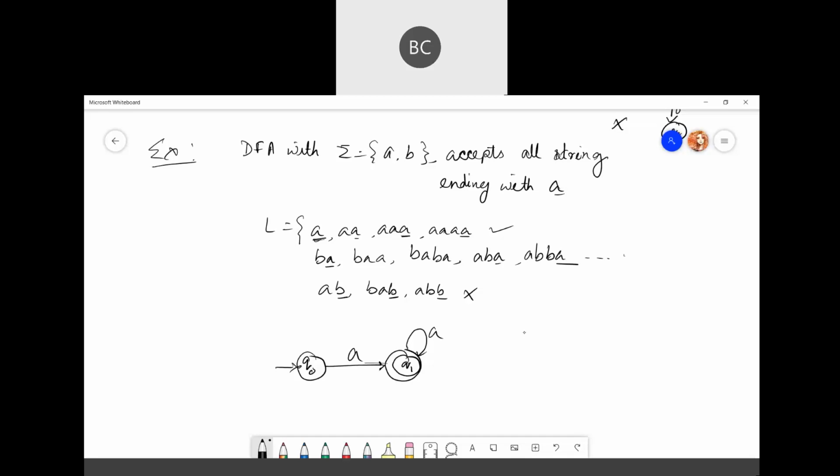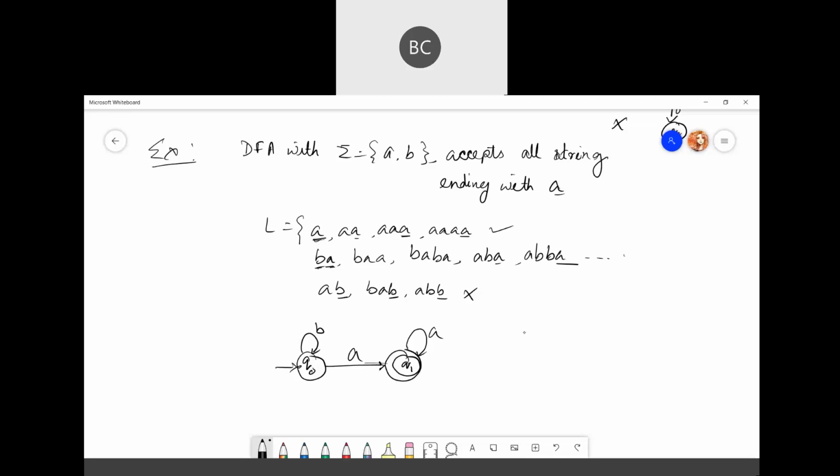Now there can be also strings that can start from B but ending with A, right? So if I make a self loop here, B, so it will read one B and reach BA, suppose BA. It reaches the final state, right? Then there can be multiple numbers of B in front of A, doesn't matter.